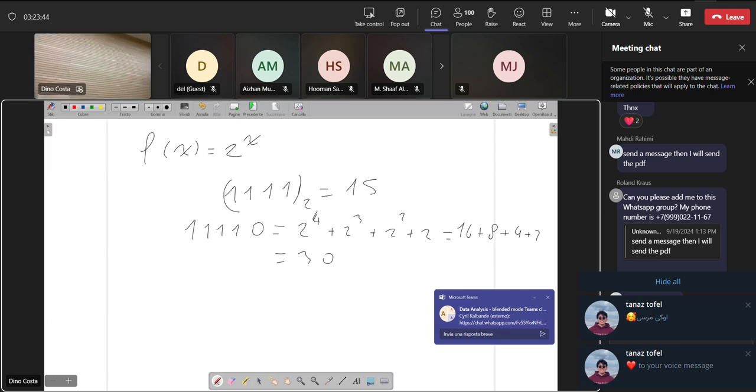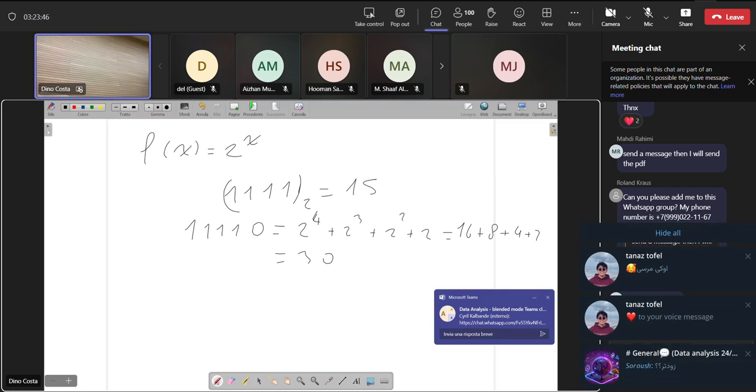Okay? Do you agree? Shifting 15 in the other direction, you lose the last digit. If you have 15 and you shift in this direction, you obtain this.